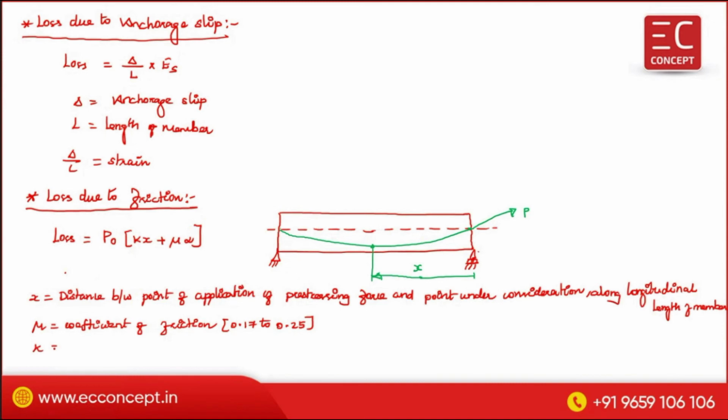And k is a constant that depends upon the profile of the cable, that is 0.02 per meter. Then is alpha. Alpha is equal to the cumulative angle in radian.